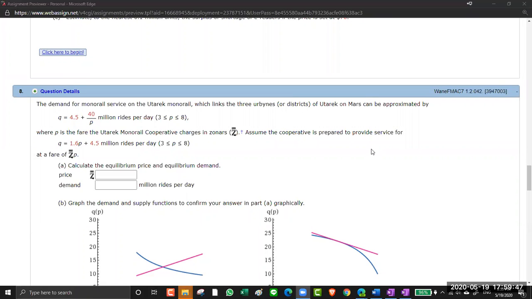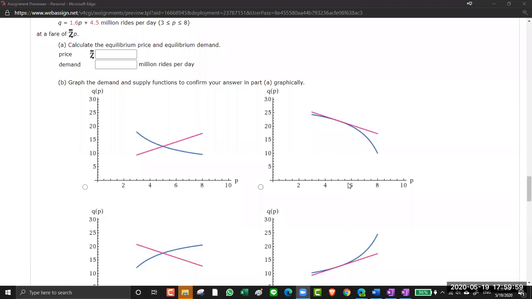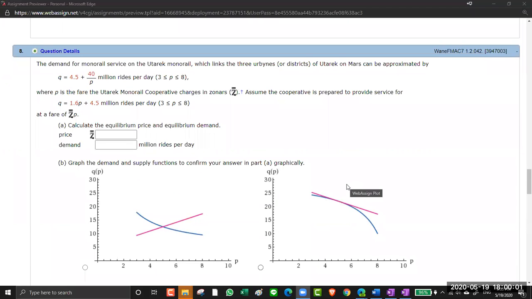So I tried to determine whether it has a shortage or surplus by subtracting demand and supply, and I found that the result is negative. So does that mean it should actually be a surplus? But the correct answer is shortage. That's what I don't get.